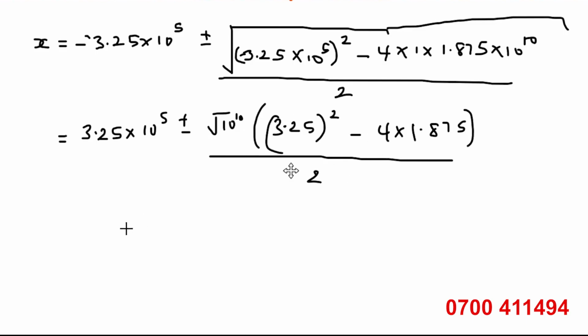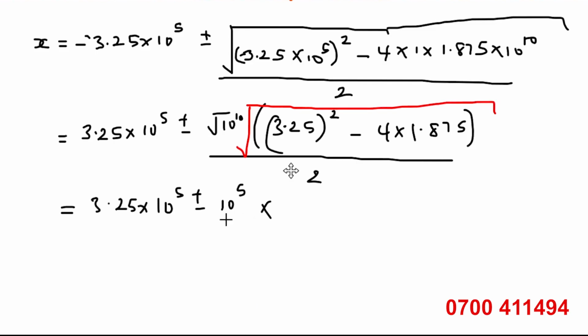Now we further simplify. This will be 3.25 times 10 to the power 5 plus or minus, this remains 10 to the power 5 times, oh, there was a square root here, I beg your pardon. Remember there was a common square root, so we had forgotten it here. So times the square root of, what do we get here? Use your calculator.